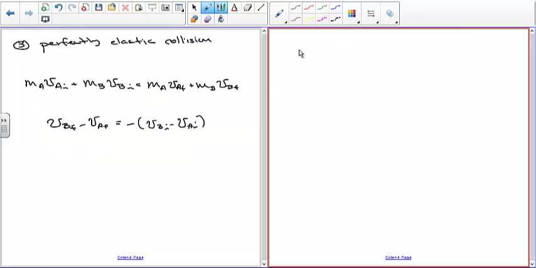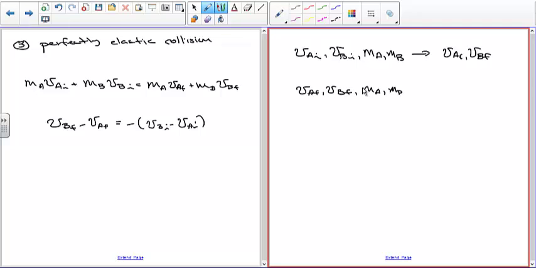So here a lot of times you're given V sub A initial, V sub B initial, and the 2 masses, and from that you can calculate V sub A final and V sub B final. But I could also give you V sub A final, V sub B final and the 2 masses, and then you could calculate V sub A initial and V sub B initial.